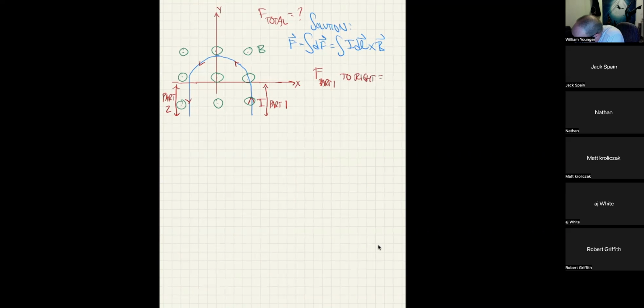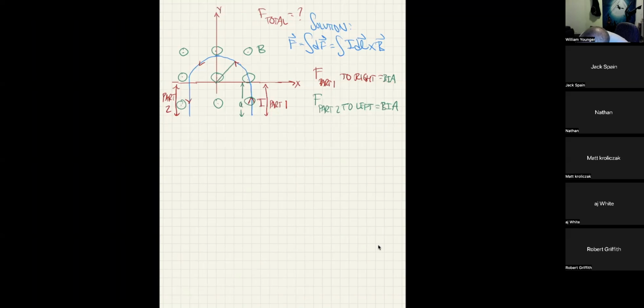And it's equal to, let's call this distance A. So it'll be B times I times A. And F part 2 will be to the left, and that will be equal to B times A times I as well. So those two forces are going to cancel out.